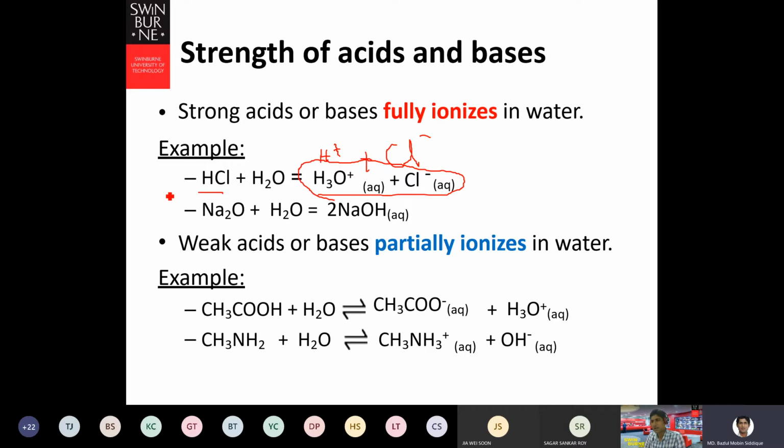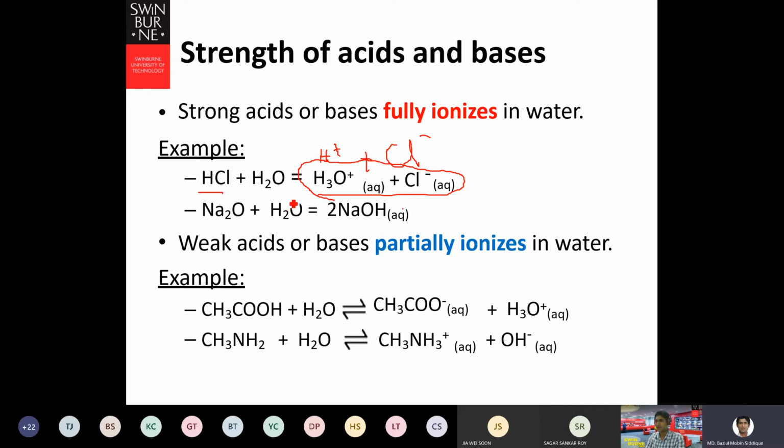Sodium hydroxide, sodium oxide, if put in water, will produce sodium hydroxide. The water will be ionized, and then hydroxide will be taken up by this sodium oxide, and that is how the sodium hydroxide will be formed.